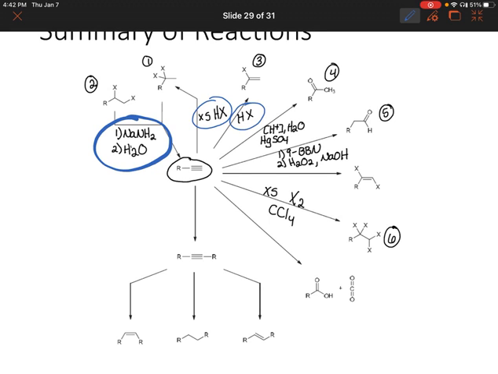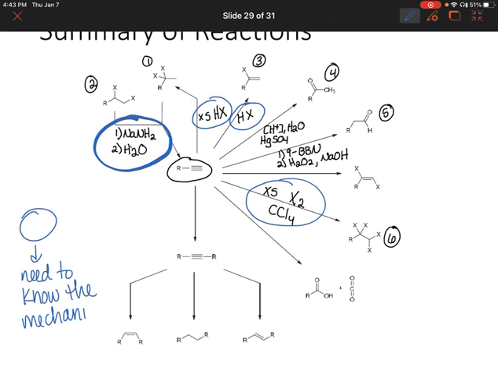Additionally, you'll need to know the hydrohalogenation reaction, as well as number 6, how to make a tetrahalide. So you'll need to know the mechanism for that one too. So if there's a blue circle, you need to know the mechanism. And I'll try to put together a list of mechanisms that you should know, at least before exam 1.